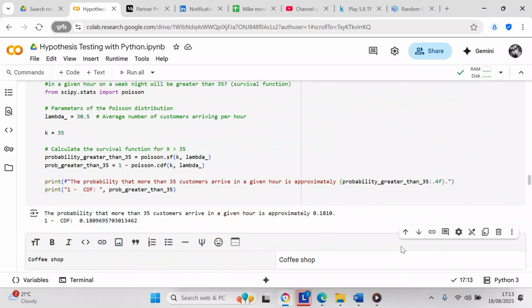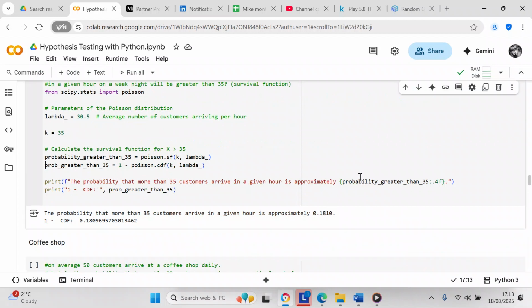Yep, it worked. So basically we're going to calculate the survival function for x greater than 35. Probability greater than 35 equals Poisson.sf with k equals 35, comma, lambda. And then we're going to have prob greater than 35 equals 1 minus Poisson.cdf with k equals 35, comma, lambda equals 30.5.